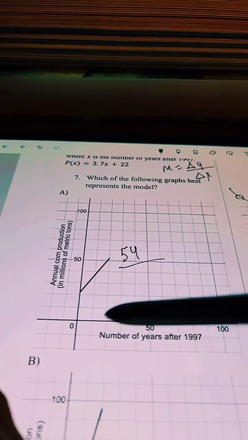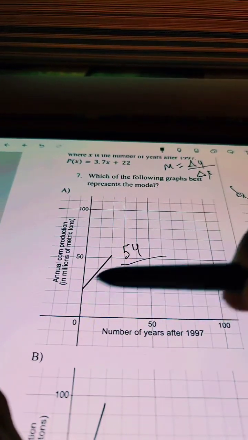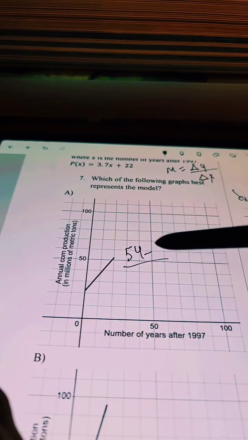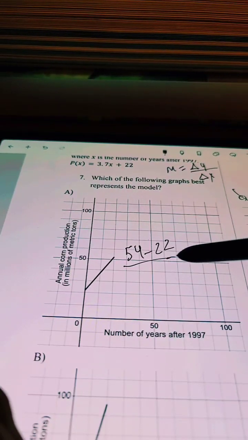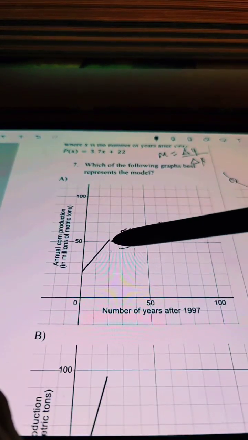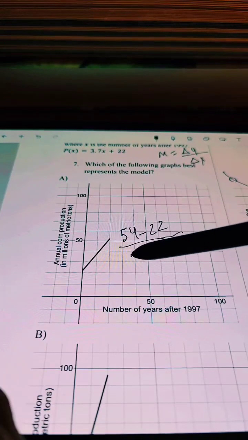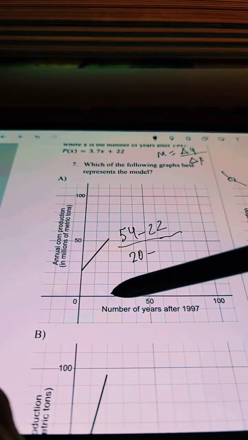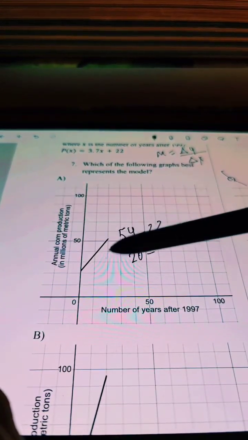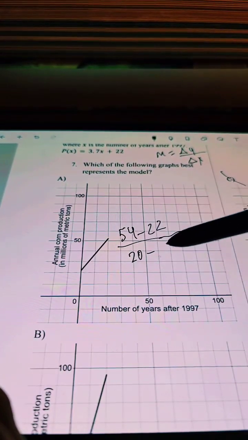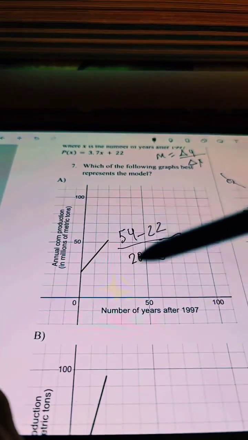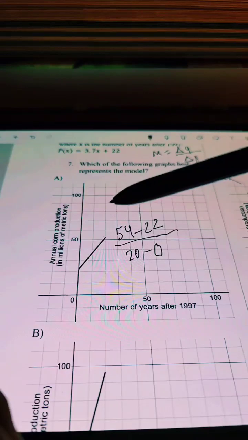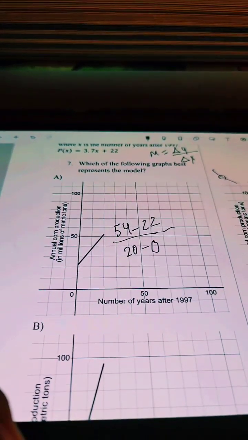54-ish maybe. So 54, and then the y-intercept is supposed to be at 22, so we'll say that minus 22, over, let's say this is lining up with 20 years, because each of the boxes is 10, minus 0, since the y-intercept's x value would be 0 there.